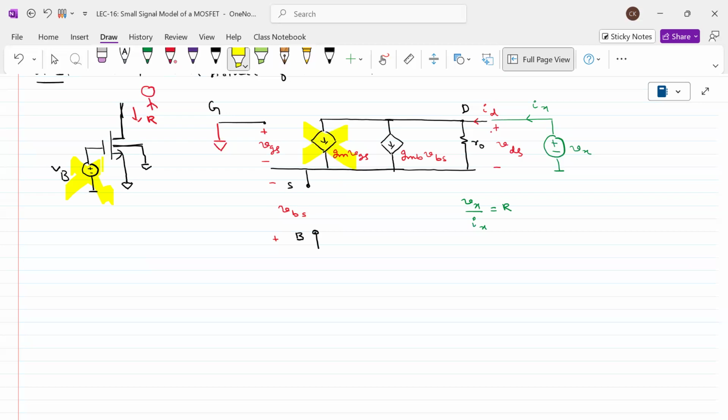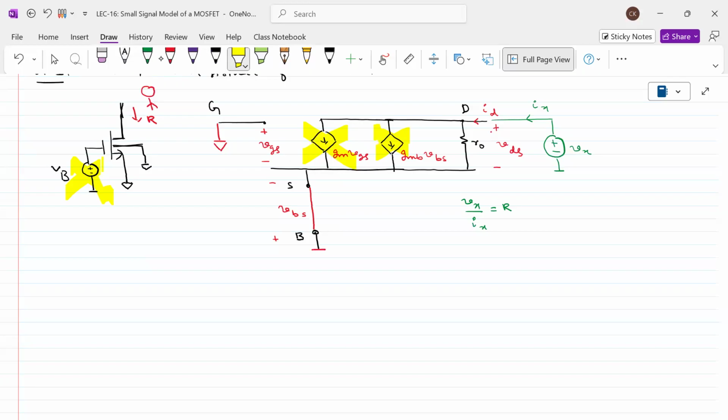What does it mean? It's just like a short circuit connected to ground. That means this current source is also deactivated. Is this point clear or not? Now we can only see r0.